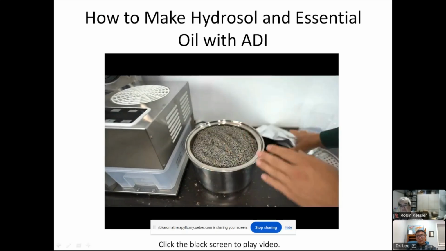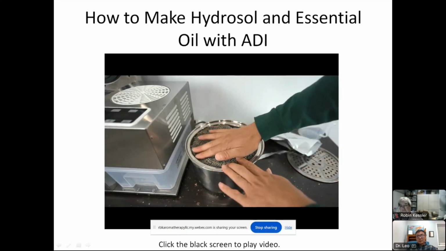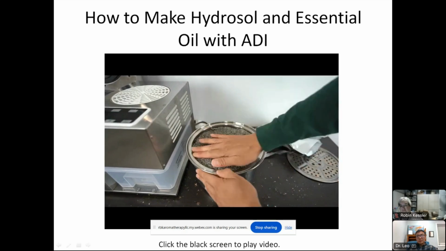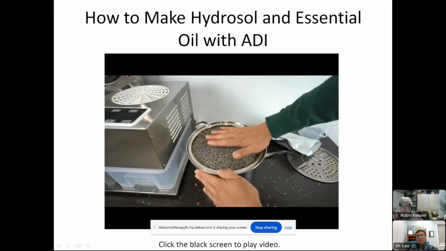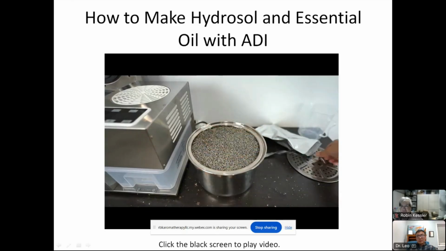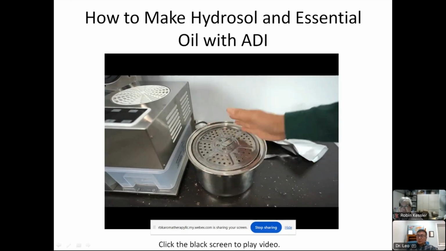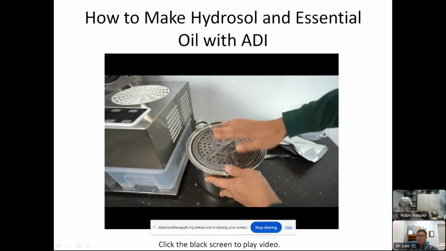Generally, you don't want to add flowers more than the line, the handlebar, the hole here. So this is a good amount. And when we do the distillation, should we pack it? We don't need to. You want to have a little space for the steam to go through. So just loosely.